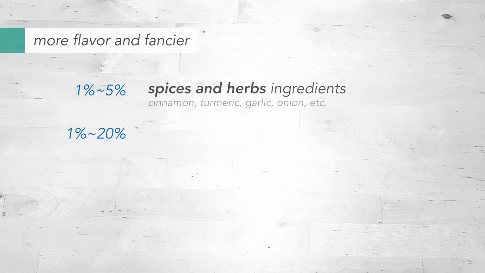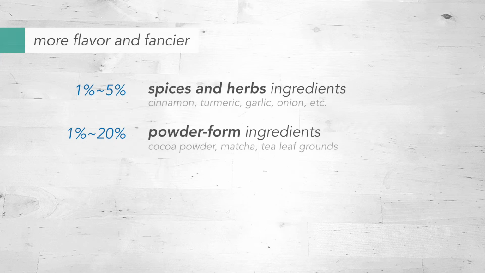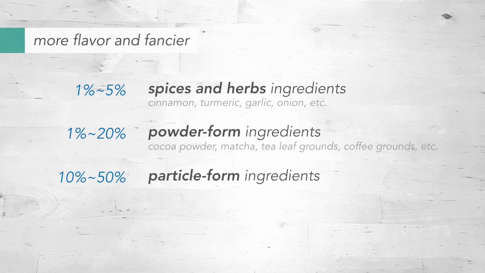Adding 1 to 20% of powder form ingredients, such as cocoa powder, matcha powder, tea leaf grounds, coffee grounds, and so on. Adding 10 to 50% of particle form ingredients, such as dry fruits, nuts, chocolate chips, and so on.